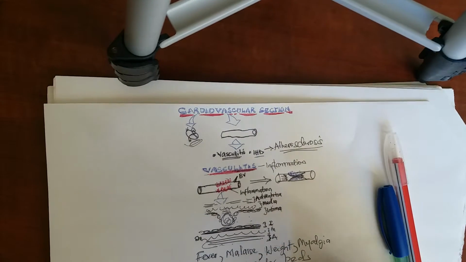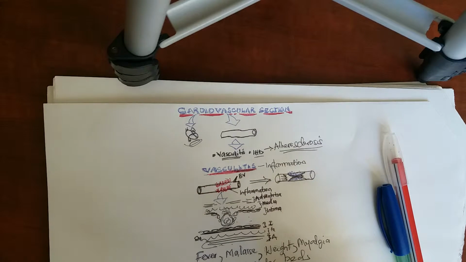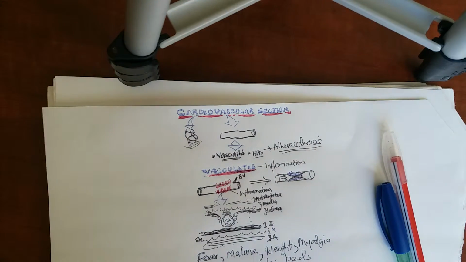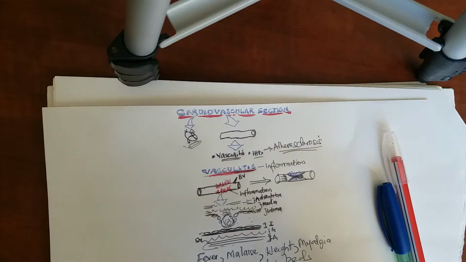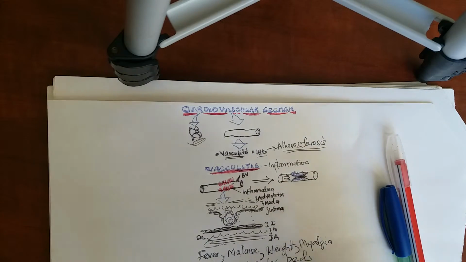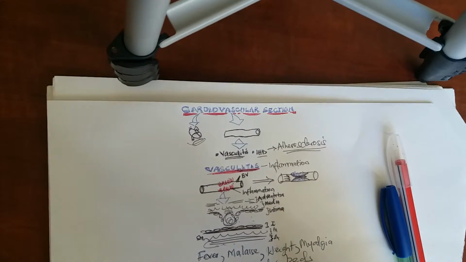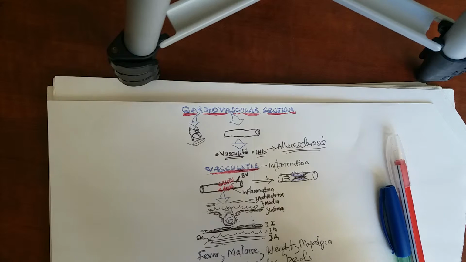An example of large vessels, we have the aorta, a very large vessel in the body. Then we talk about the medium vessels, the vessels that feed the organs, your renal artery, your pulmonary artery, and all those arteries that feed the organs directly. The mesenteric artery that feeds the gut, those are your medium vessels. Then you have the smaller vessels, which are your arterioles. Your arterioles that branch out to give you your capillaries. So these are areas where you will see vasculitis.